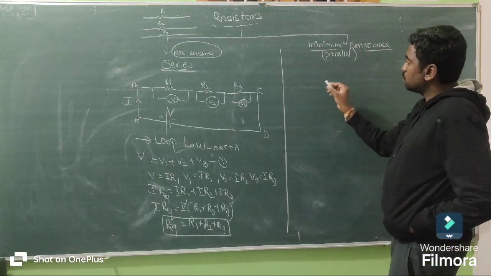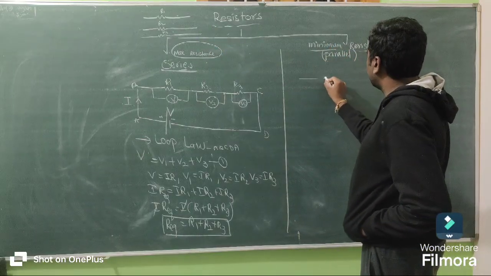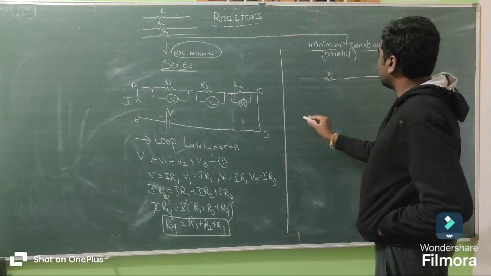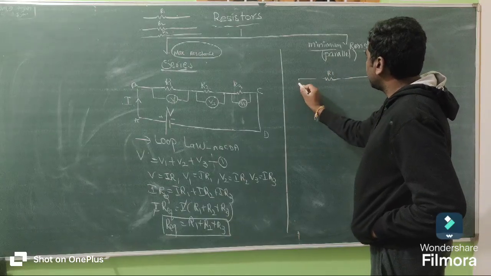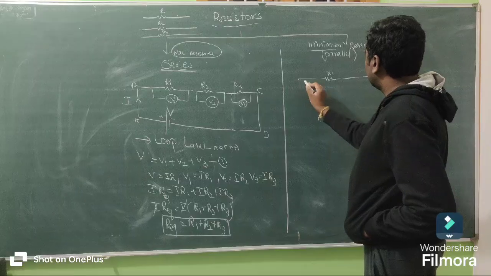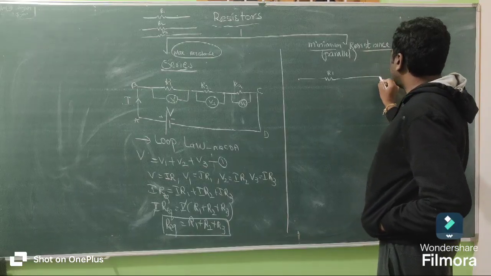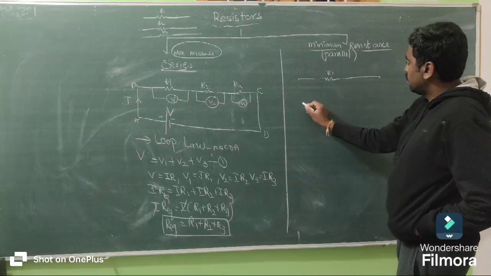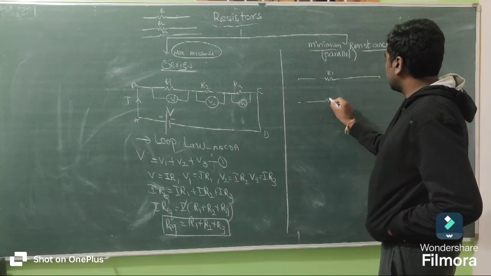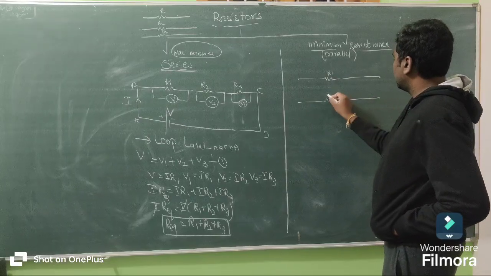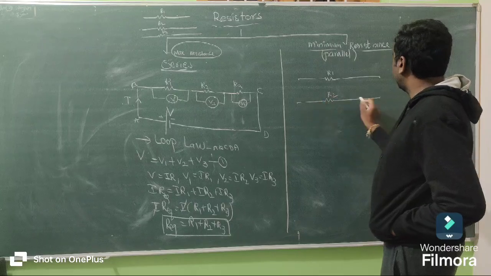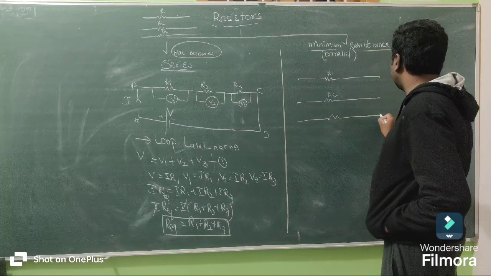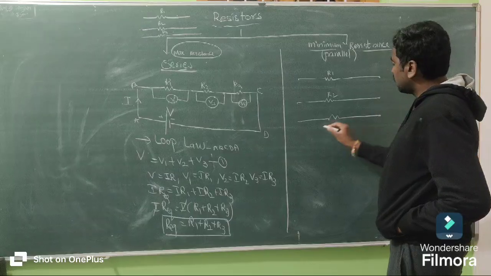First we discuss what is parallel connection. Suppose this is the first resistor R1, this is the starting point and ending point of the first resistor. Take the second resistor, this is its starting point and ending point, and take the third resistor, starting point, ending point.